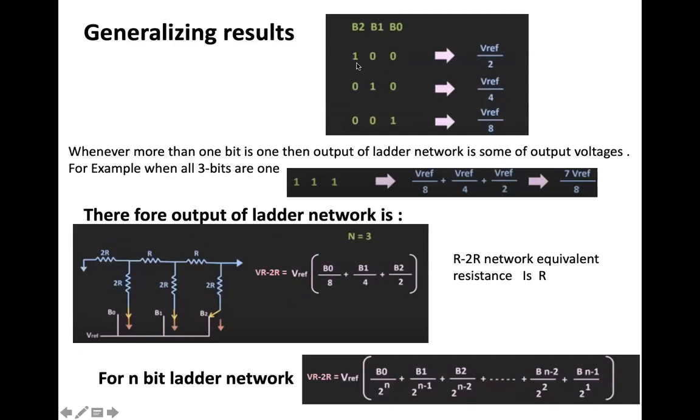When it is 1 0 0, I'm going to get V reference divided by 2. When it is 0 1 0, then it is V reference by 4. When it is 0 0 1, then it's going to be V reference divided by 8. Now let us say it is 0 0 0 1, then what is going to be my value here? V reference divided by, what is it going to be, students?